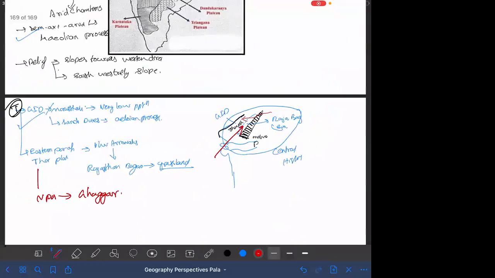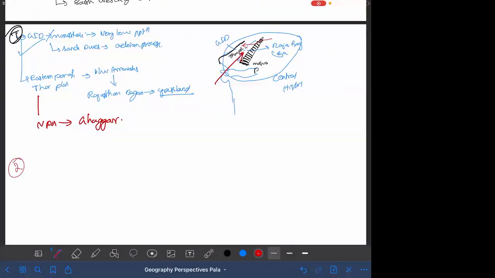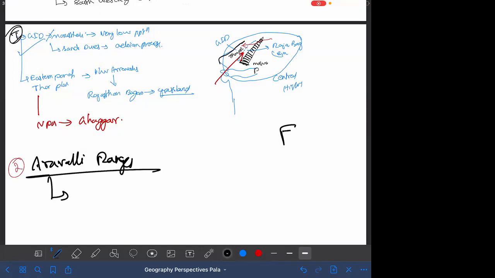Now the second one to consider in this region is the Aravalli ranges. Aravalli ranges is another important landform, or rather unit, in the Central Highlands. So first of all we are writing about the origin of that region.